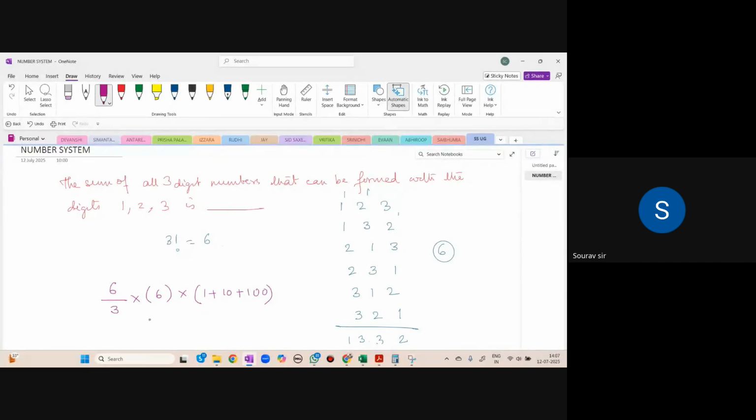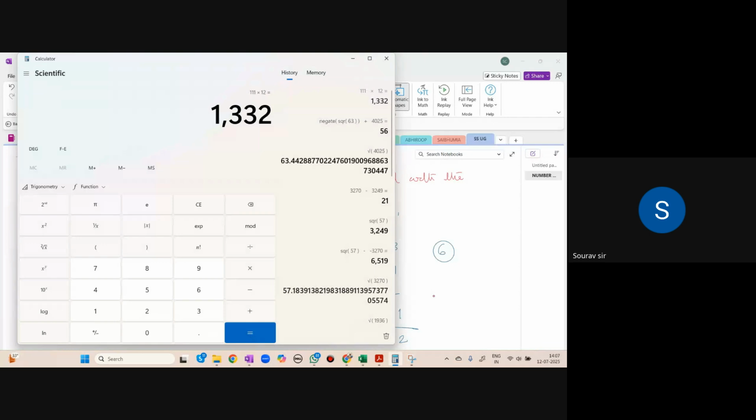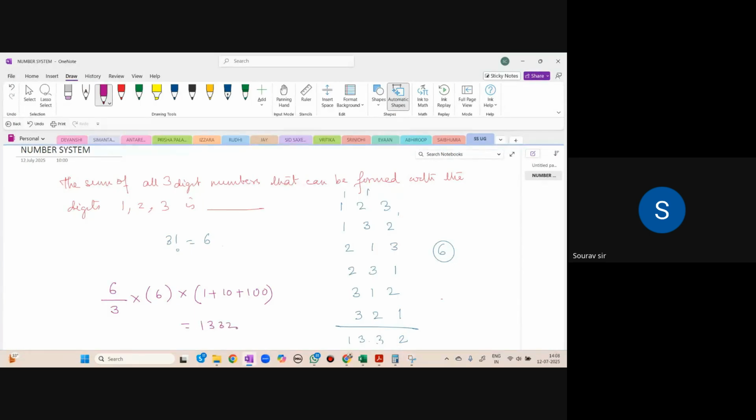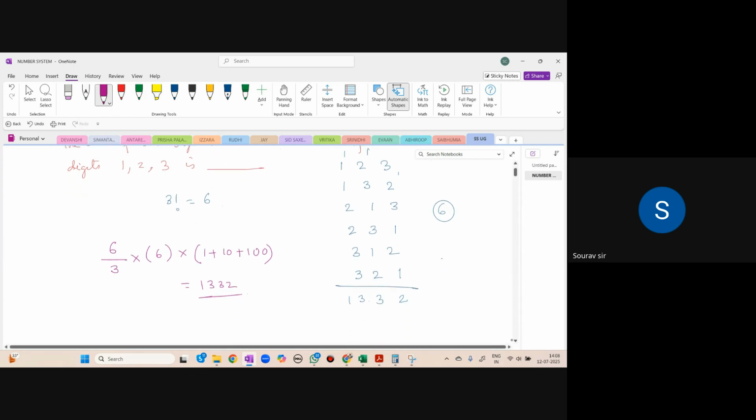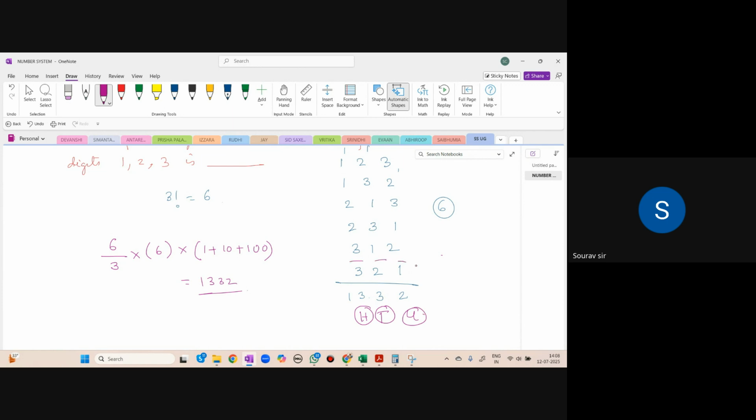So this is 111 into 12. 111 into 12 is 1332, right? What is the logic here? The logic is that this is your unit place, this is your tens place, this is your 100 place. So basically you have a 3-digit number.